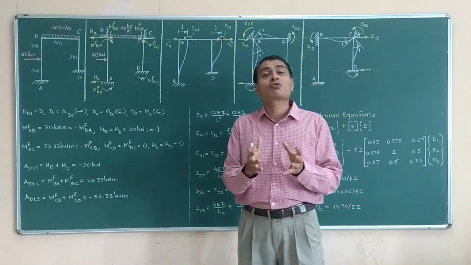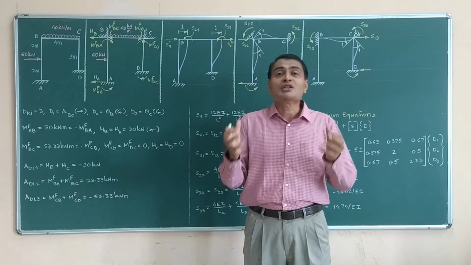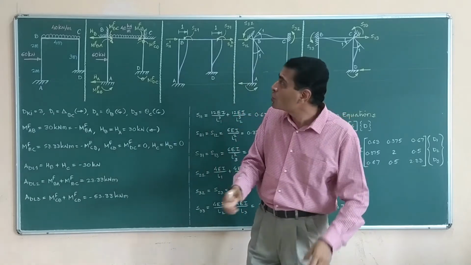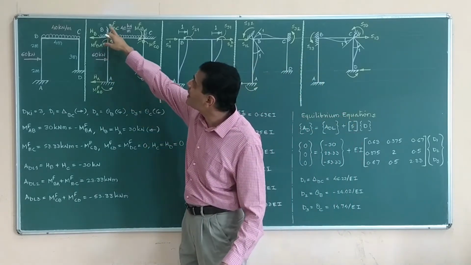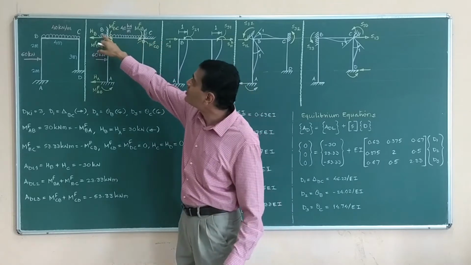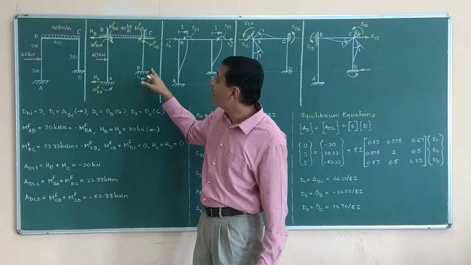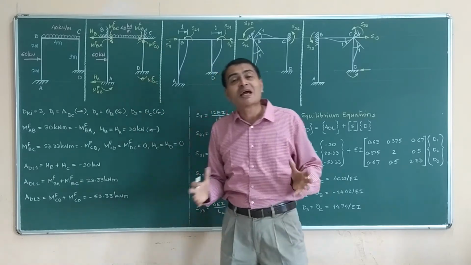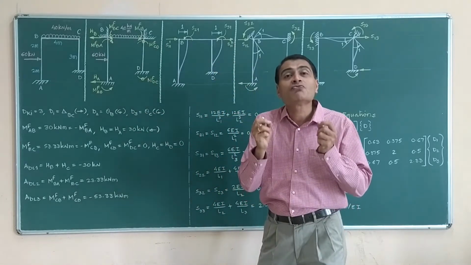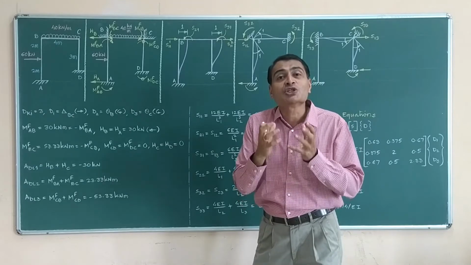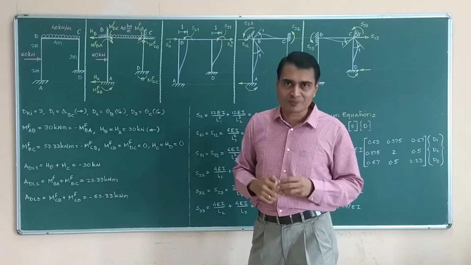Next step, as per our stiffness method, is to restrain all the joints. So that is what schematically I have shown here. I have restrained joint B, I have restrained joint C, A and D are anyway fixed, and then I have shown fixed end moments generated due to loads.